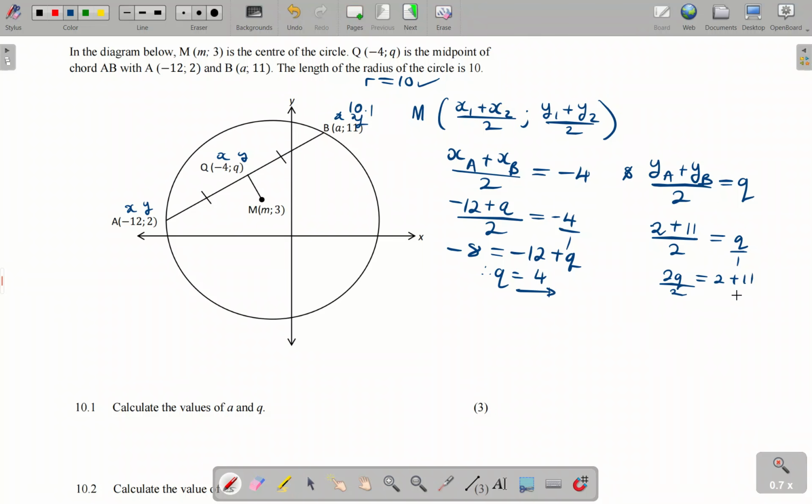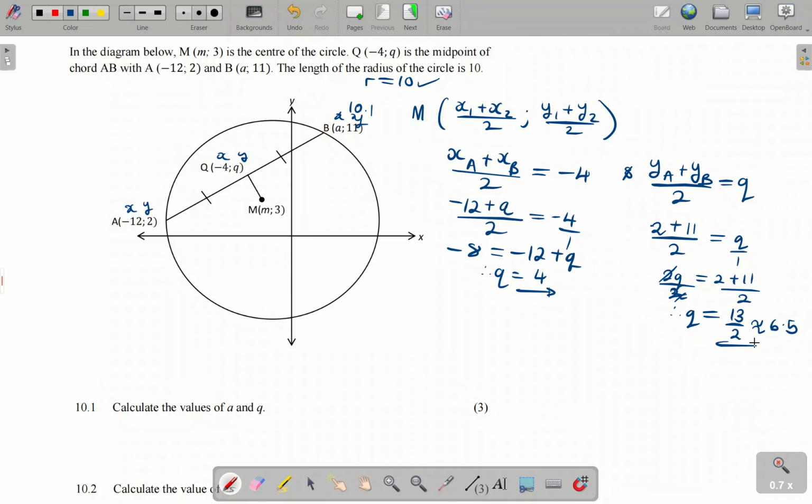Therefore Q is 2 plus 11 divided by 2, so I have 13 all over 2, which is approximately 6.5.